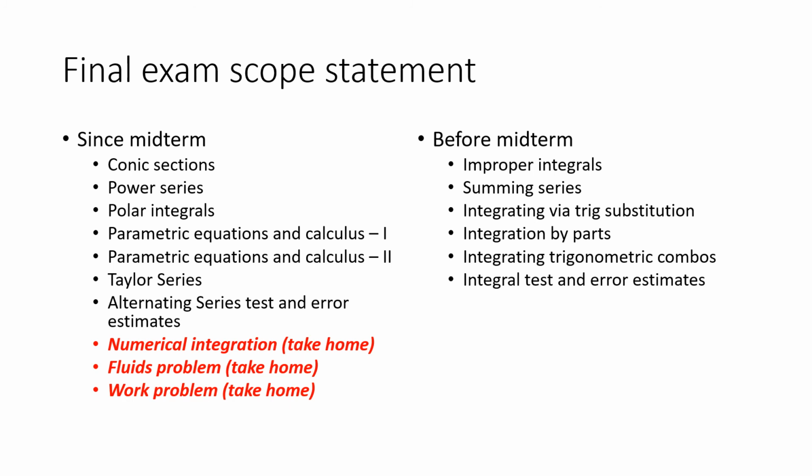Okay, so there we go. That's the final exam scope statement. This is going to be posted into your syllabus tab 2 if you want to look at it after listening to it here and perhaps taking some notes.